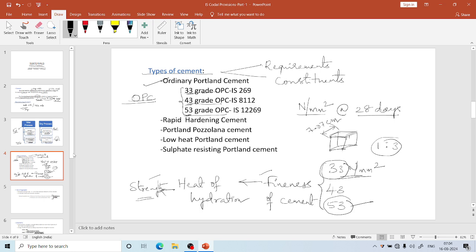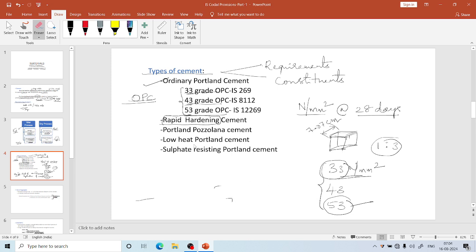The second one is rapid hardening cement. As the name itself says, this is used where we want the setting and hardening of the cement to be faster. So what is this rapid hardening?